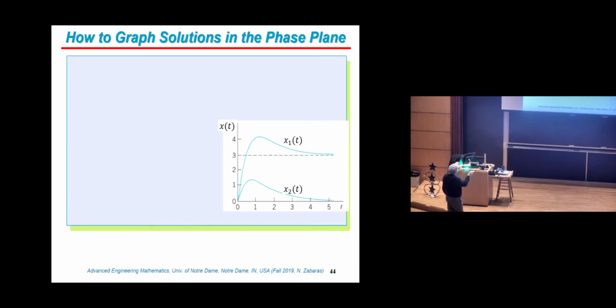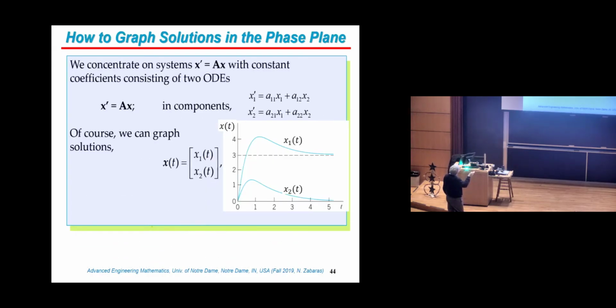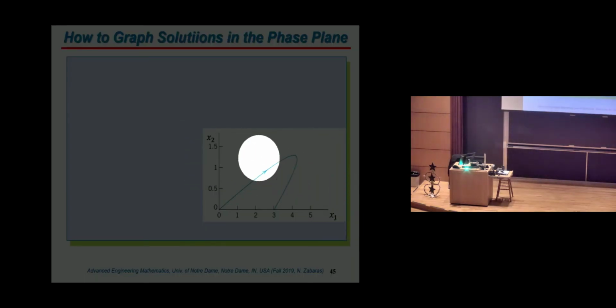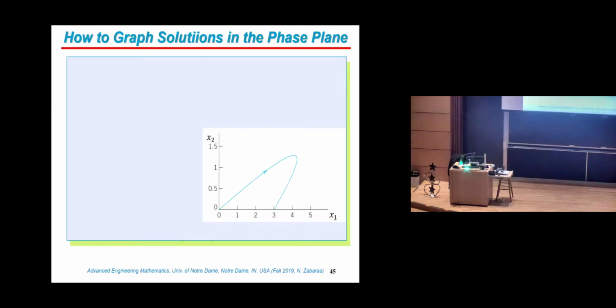So if we try to discuss qualitatively what type of solutions we get, an easy way to do this is to plot trajectories on the plane of x1 and x2. And what trajectories means is, if I start from some point, how will the solution x1, x2 look on this plane? All right, and this is what we call the phase plane, okay?